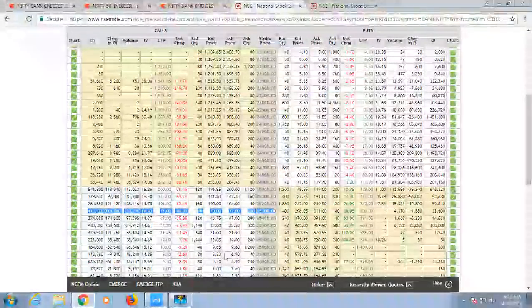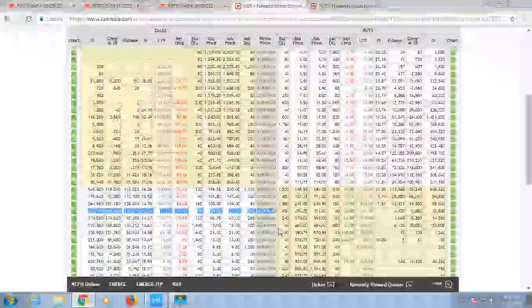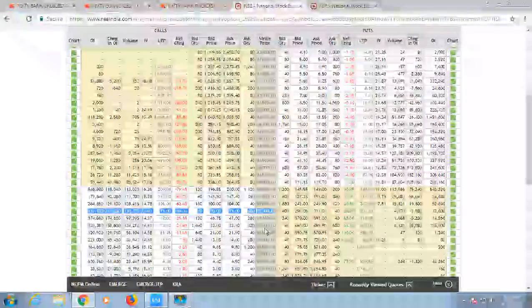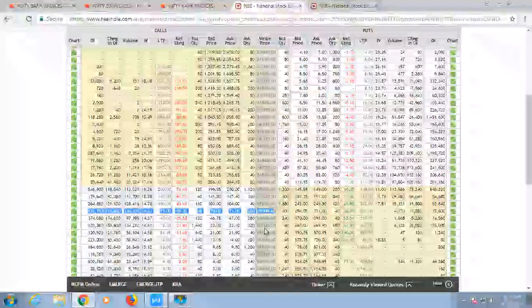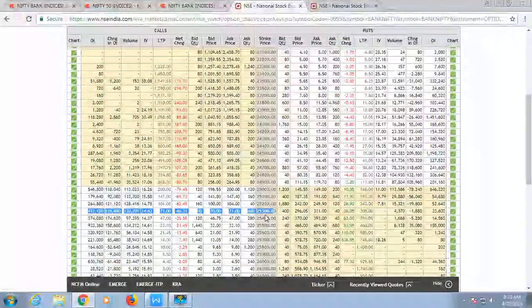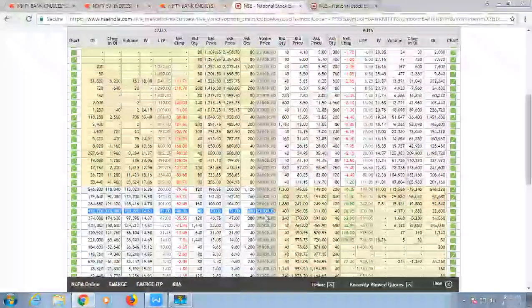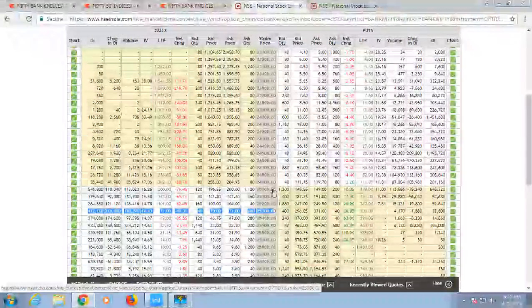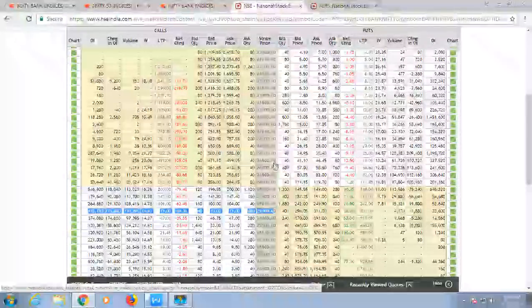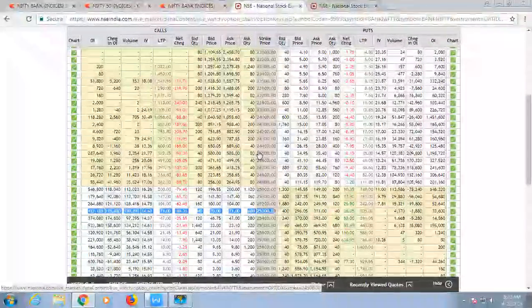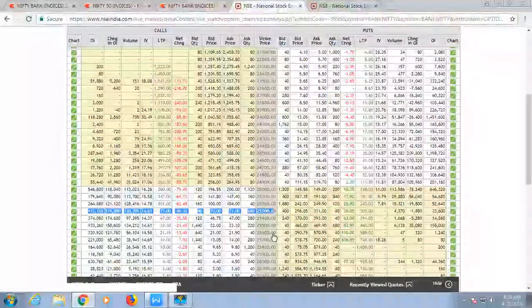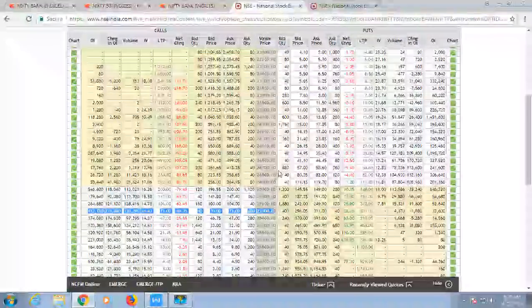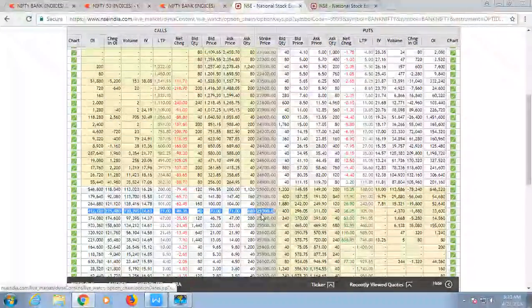So we can say if Bank Nifty gives a rally, then 25,500 is going to be the major resistance, and 25,300 is also going to be a major resistance. Another resistance is 25,000 as well. So we can check out the range for the Bank Nifty. 24,500 to 25,500 is going to be the range for the Bank Nifty.